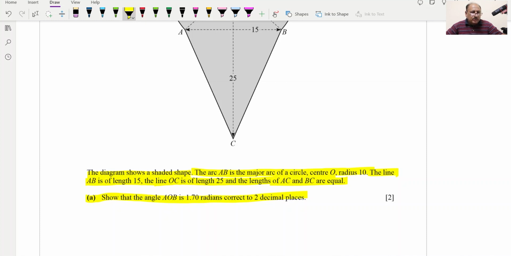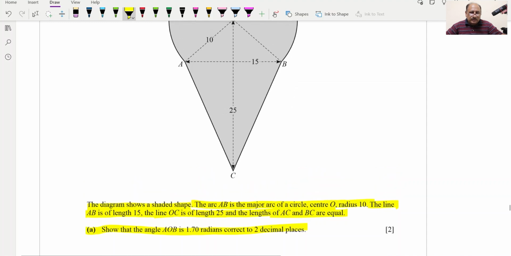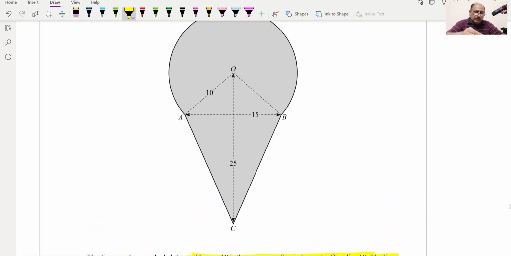So what we can do, we can consider this triangle. And in this triangle, one side is provided which is 15, and the other side, this side is 7.5, because complete AB length is 15, so half of AB will be 7.5.